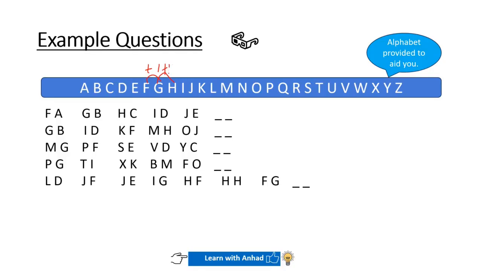In letter series, we don't go from F to A or then G to B. We always go from the first letter to the first letter of the next group, just to tell you. And then H to I is +1, and I to J is also +1.